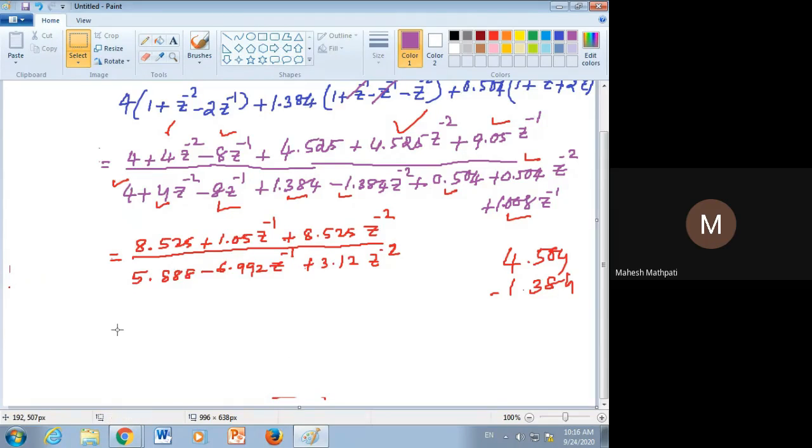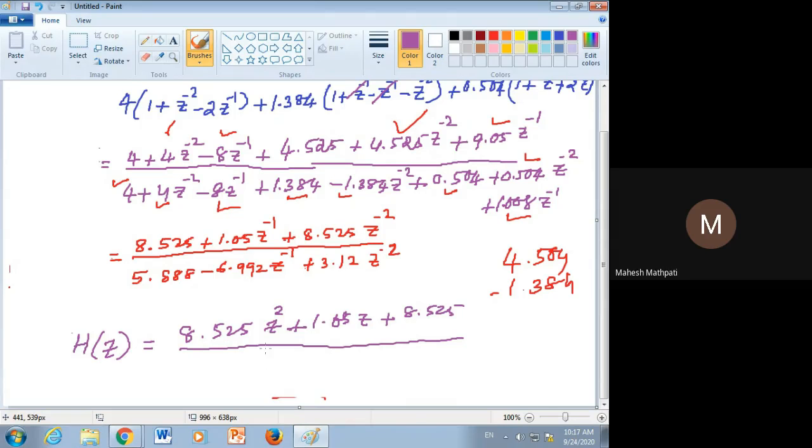If you take a common, then h of Z equals to, we can write the answer in positive powers as h of Z equals to, अगर ये Z power minus 2 if you are taking the common, then we are writing it as simply 8.525 Z power minus 2 plus 1.05, sorry, it is plus only, Z power 2 plus 1.05 Z plus 8.525 divided by, what we can write here? 5.888 Z square minus 7Z plus, we can write it as 3.12. So this is the final answer.